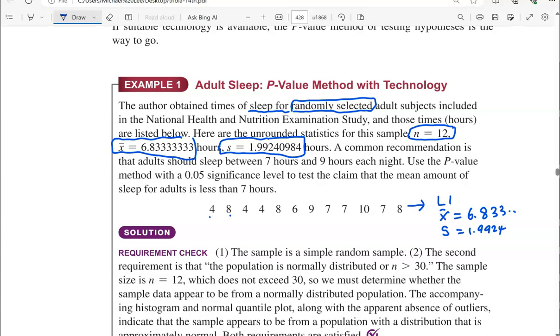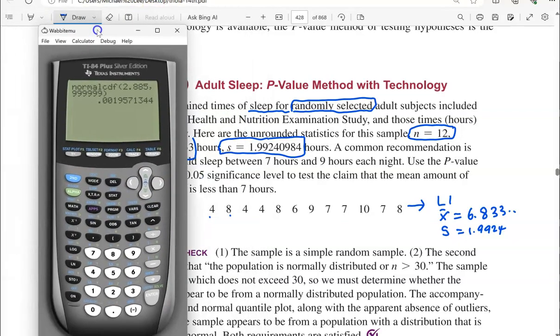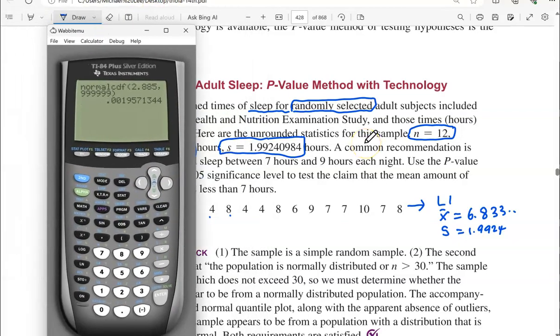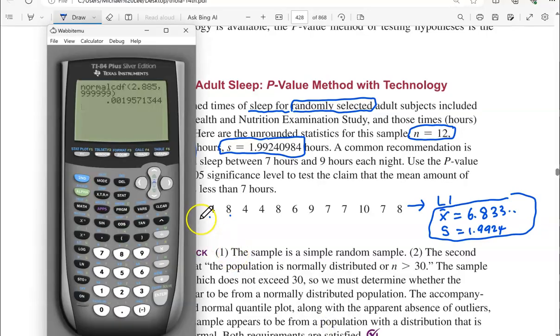Now you can put these numbers in the calculator and compute that mean and standard deviation. They are given here, but sometimes they don't give it to you, then you can calculate.